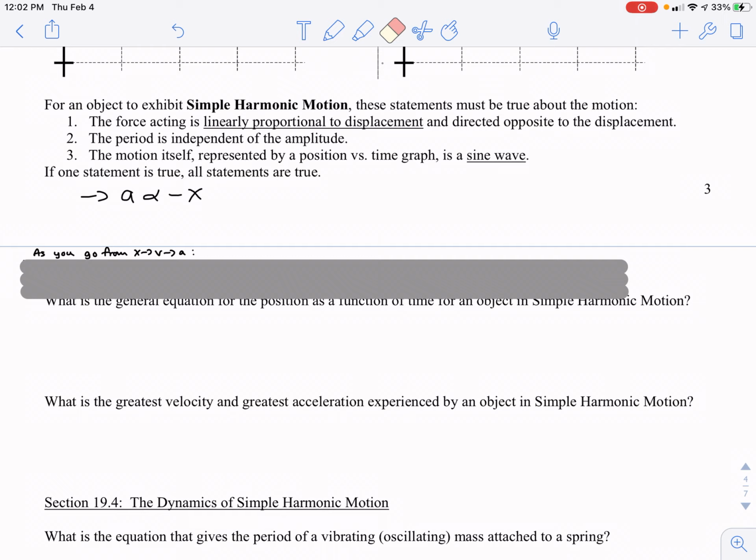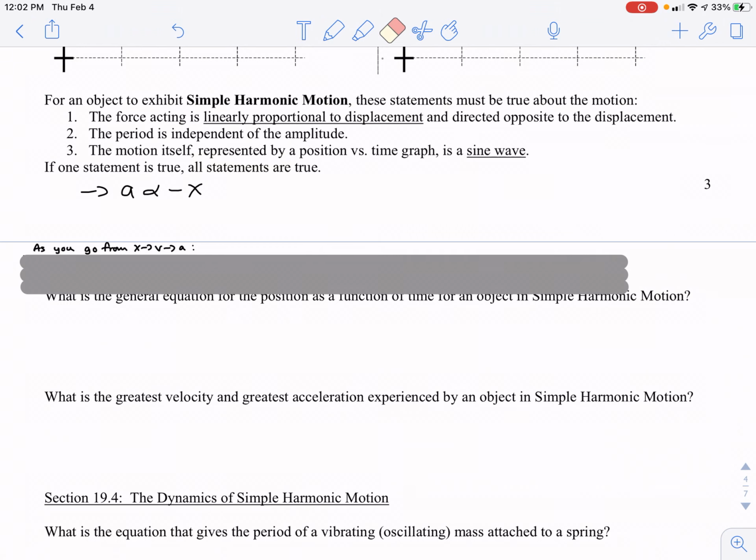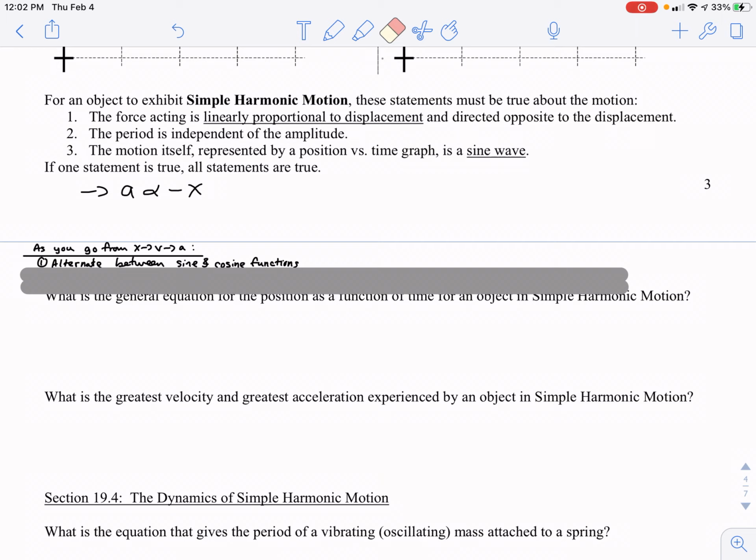Okay, so how do we go from position time graphs to velocity time graphs to acceleration time graphs? I'm going to show you a few key features that will help you. 1, your graphs and your functions will alternate between sine and cosine functions.